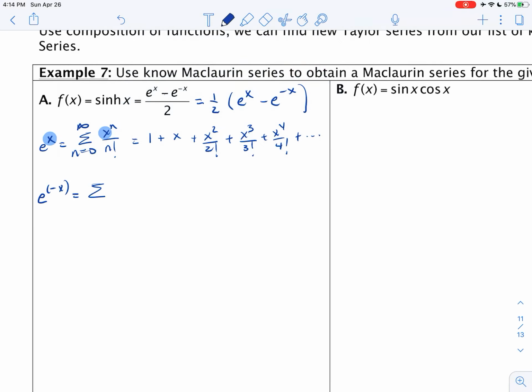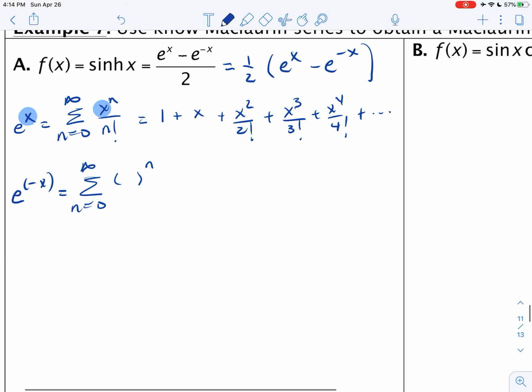So in this case, I'm going to still use my known series for e to the x, but instead of using just x, I'm going to replace it with minus x over n factorial. I'm going to use some exponent properties. I'm going to factor out that minus 1 to the n times x to the n over n factorial, so it can be easier to see what the sum of the terms look like.